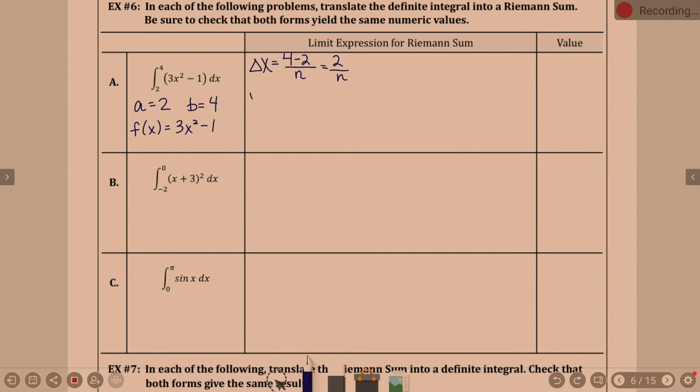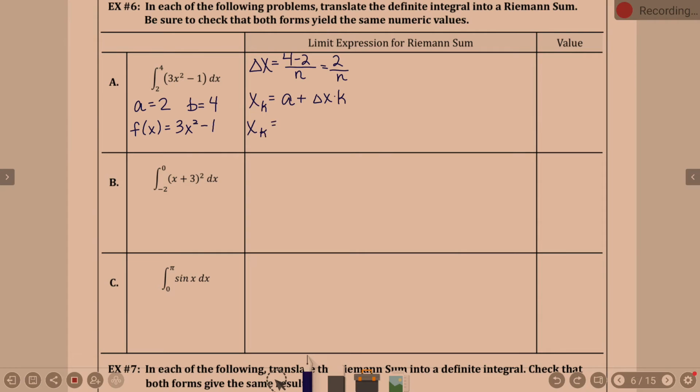Let's also find x sub k. Remember, a plus delta x times k. I'm going to keep writing that down every time for my sake because it's taken me a while to remember that. I'm not sure why, but it's taken me a while to cement that in my head. So let's see, x sub k.